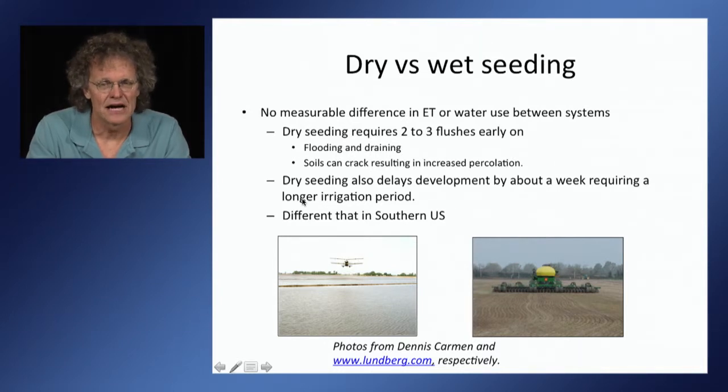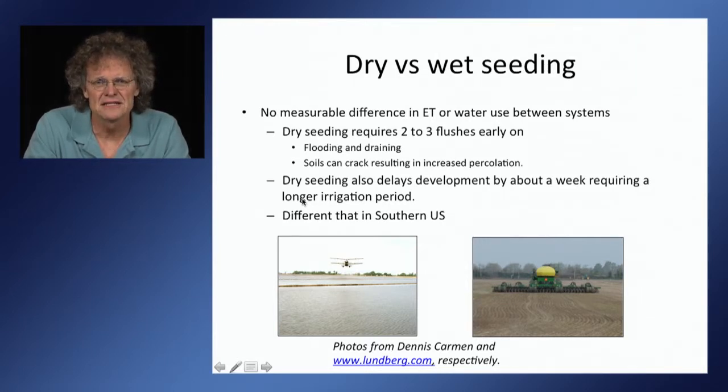And then we have a couple of flushes to germinate and emerge the crop. Usually after about a month, we go to a permanent flood and the water is held similar to the water seeded system. In dry seeding, we often find that 2 or 3 flushes are required early on to get good stand establishment and even stand establishment.